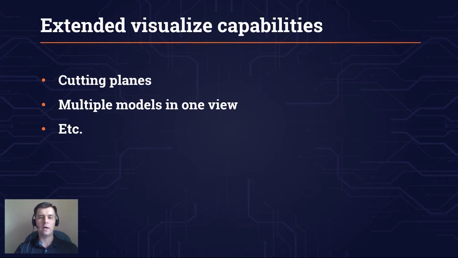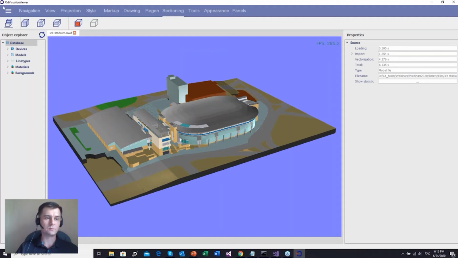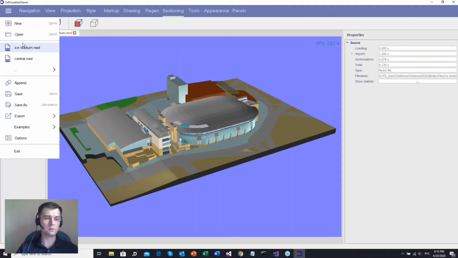And having this model, we perform the conversion, but the VSF format itself also has some capabilities in terms of interoperability. So it's possible, for instance, to add the Drawings SDK to the BimNv and Visualize couple, and to save the VSF result to DWG. So let's do it.